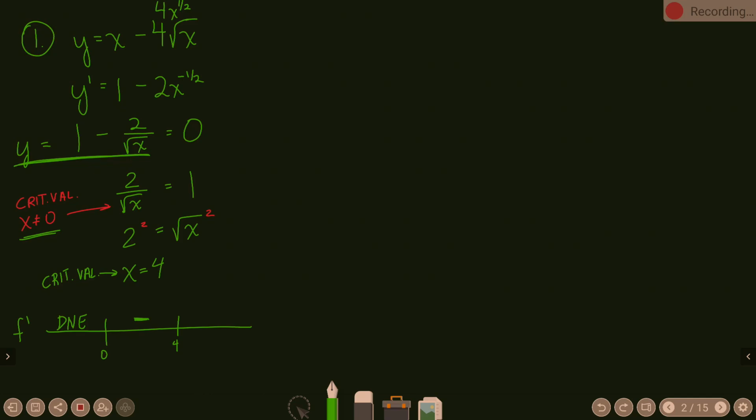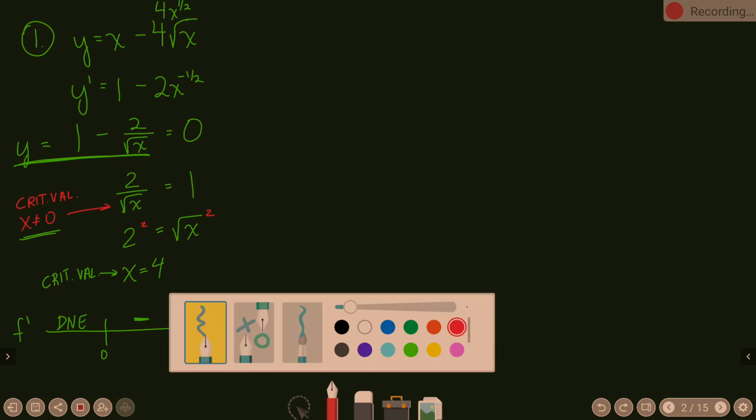Yes? Okay. Then we plug in something bigger than 4. That's going to be 1 minus, say, 2 over square root of 9. Yeah. Because that's 2/3. 1 minus 2/3 is positive. Are you guys with me there? Yes. Now, what does that say about my graph?